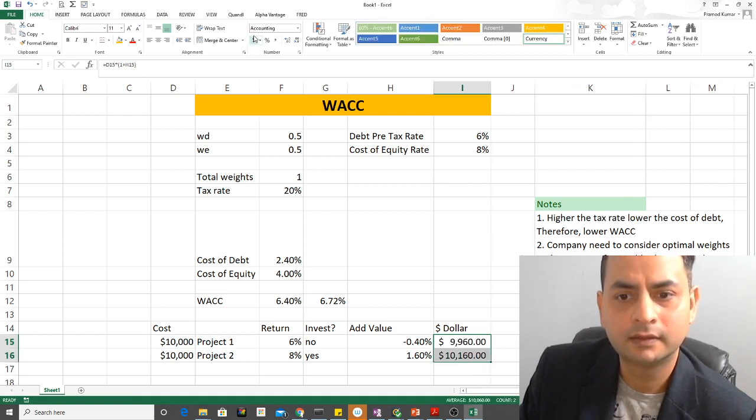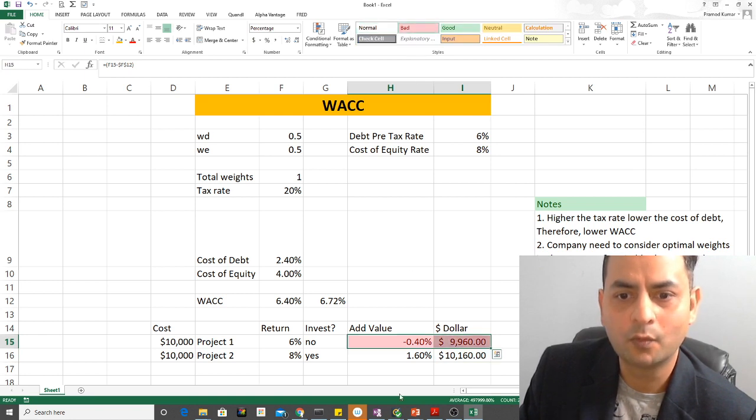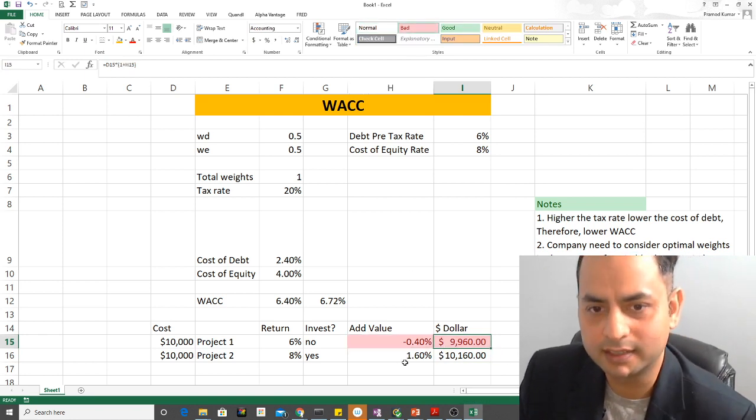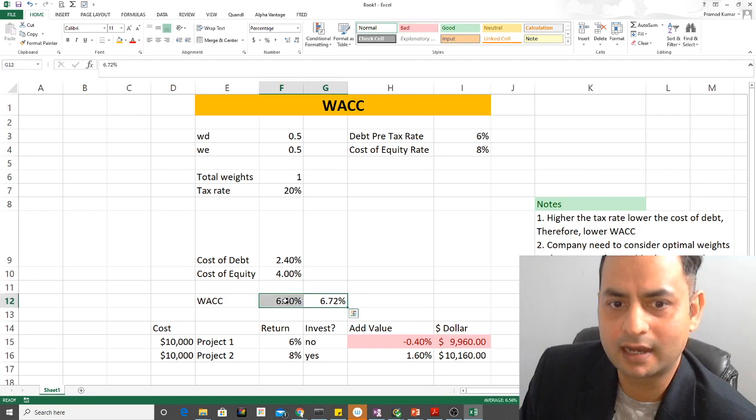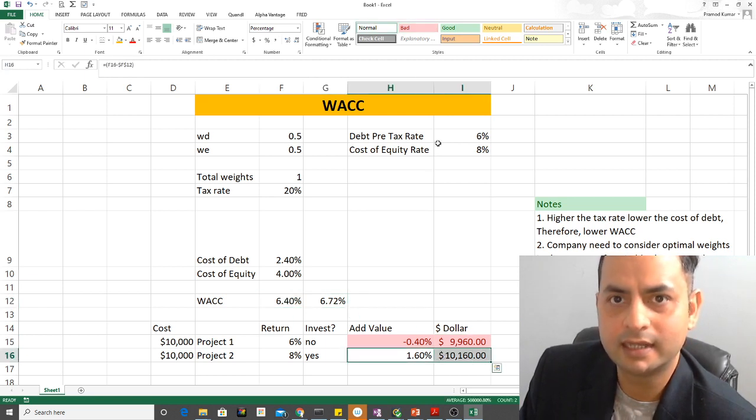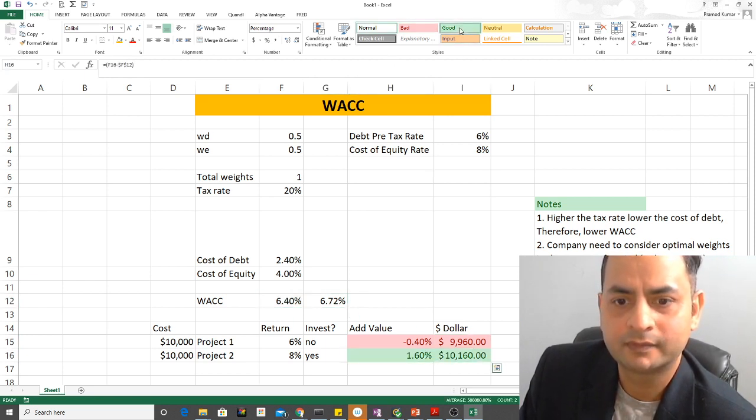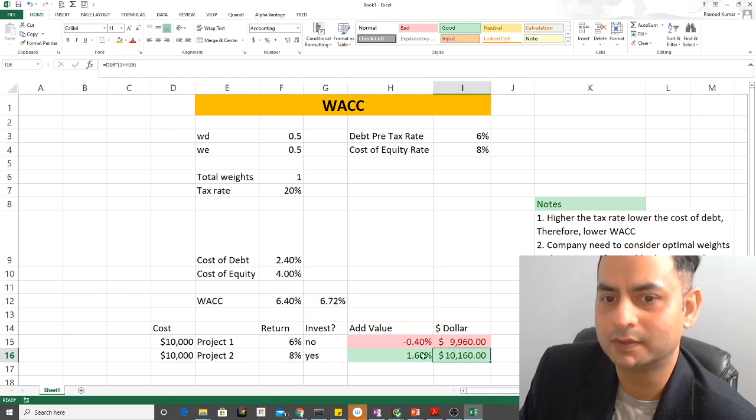So this one has negative value, which we certainly don't want because our cost is higher, and this one is giving us positive value.